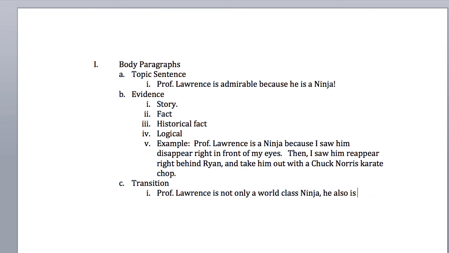Nope. He also makes no mistakes. And boom. So what you have here is a movement from topic sentence, evidence for that topic sentence, and then a transition to that next paragraph.